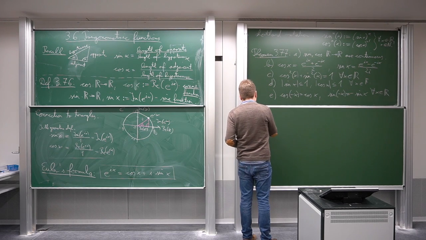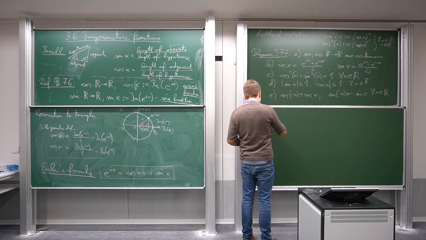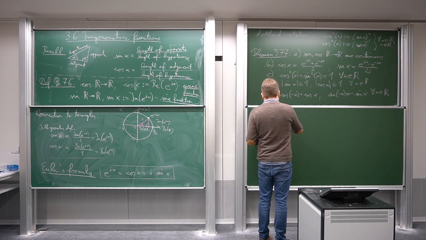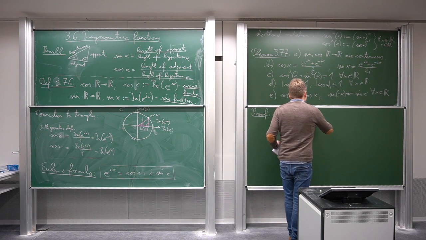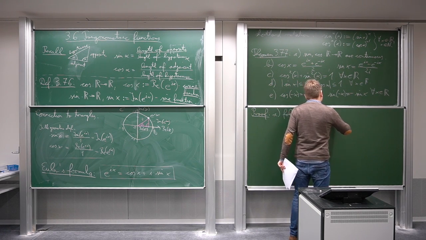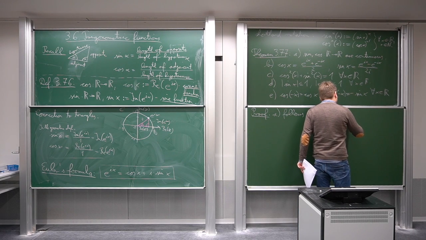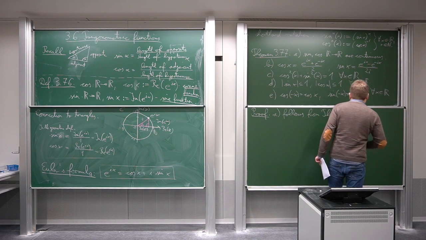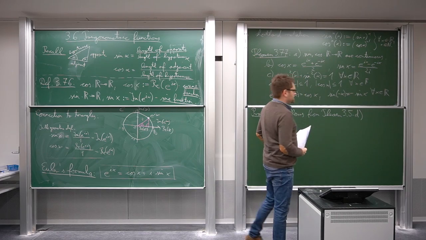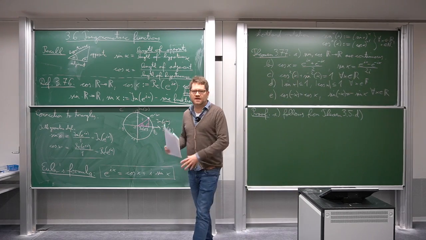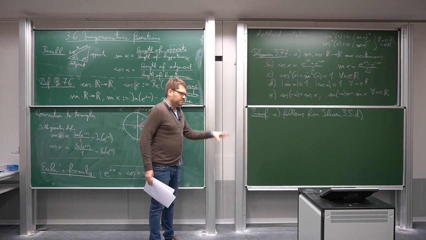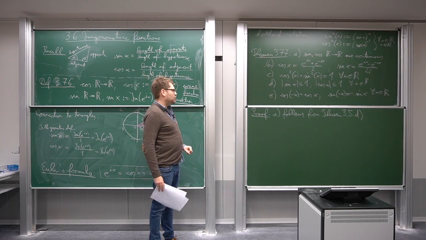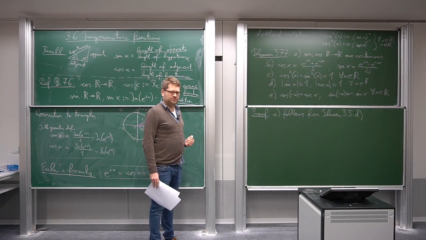So first of all, part A is almost obvious, given what we've seen already. This follows from theorem 3.5 d. Okay, what does this theorem say? This says that if we have a continuous function with complex values, the real part and the imaginary part of it are always, as functions, continuous as well.